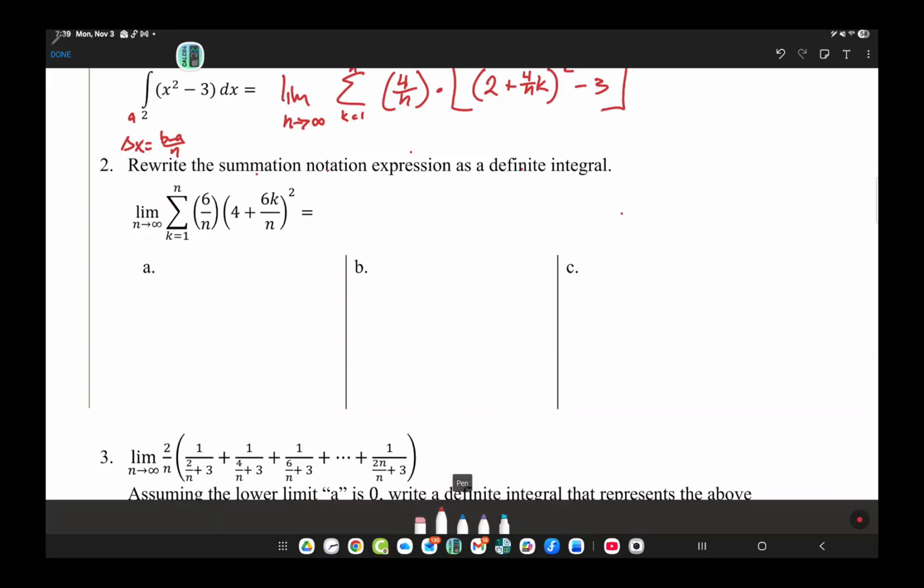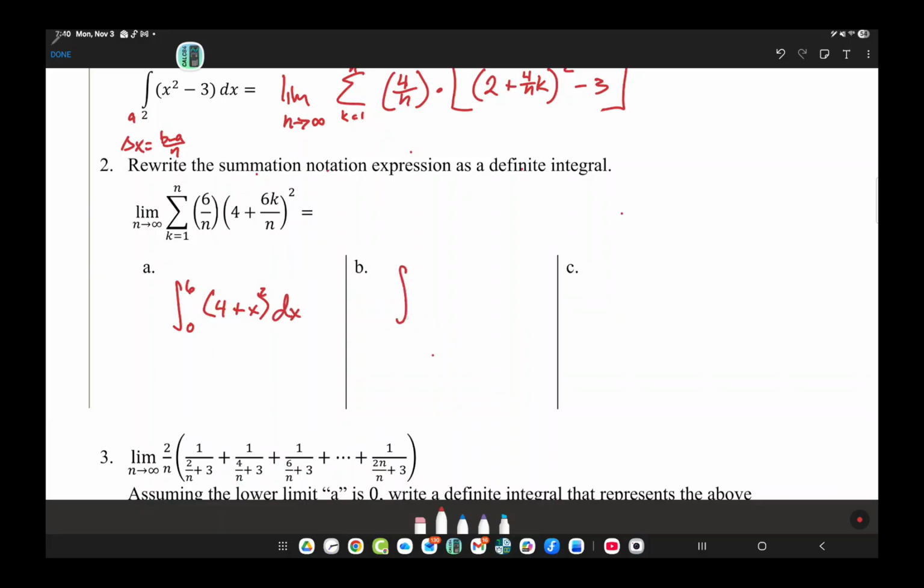Now I'm going to go ahead and write down the 3 answers, and they are as follows. The integral from 0 to 6 of 4 plus x squared dx.